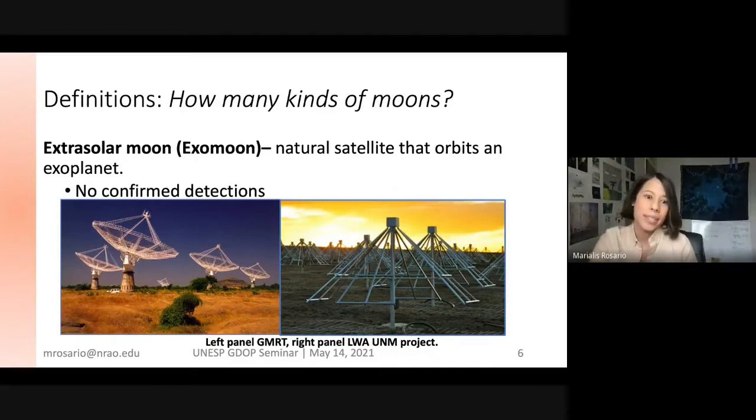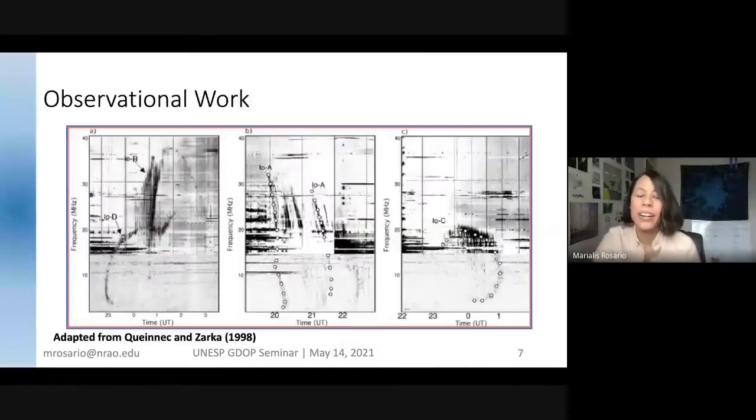More specifically, we are after very particular emissions, and what I am showing now is the dynamic spectrum that we recover from the Jupiter-Io emission.